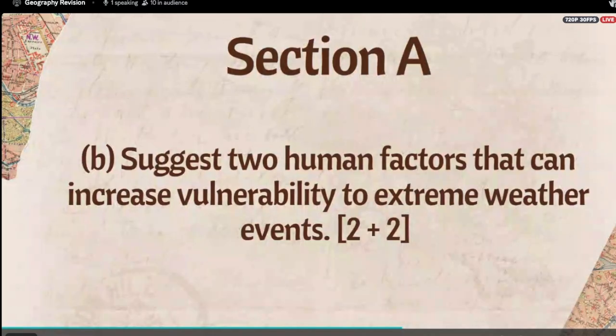For example, the mark scheme says populations that suffer from the impacts of conflict often live in situations that are susceptible to extreme weather. So you can say it like that: people who live in areas of conflict are more susceptible to extreme weather events. So you don't have to talk about resources. You can just say they're more susceptible due to the conflict.